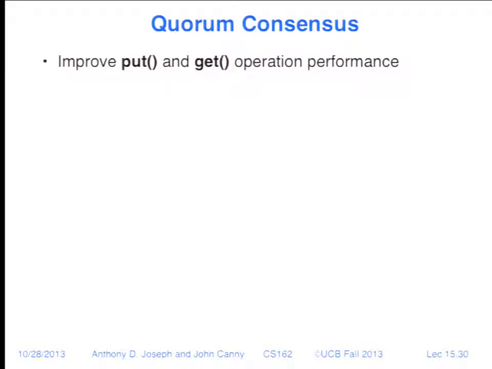All right. So an interesting approach to getting consistency both fast and reliably is called quorum consensus. It balances the costs of doing the put and the get.